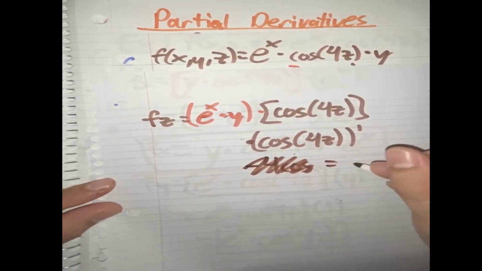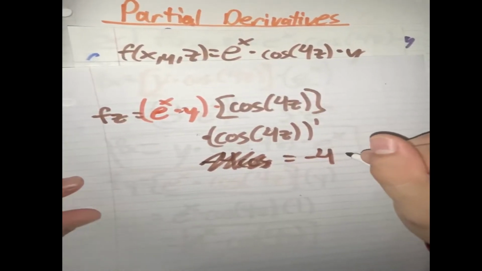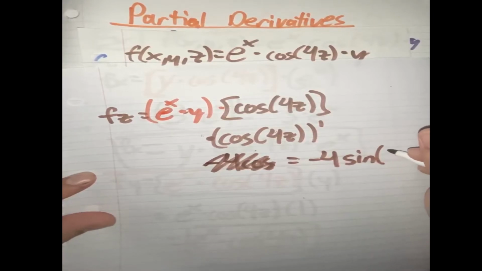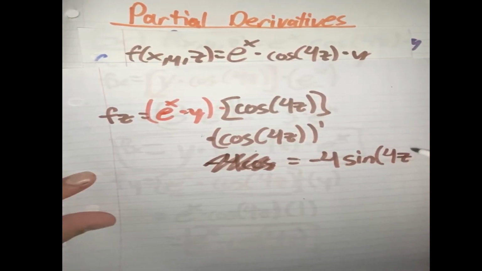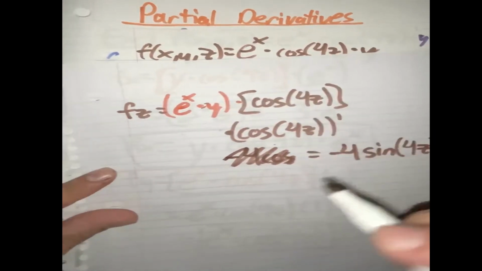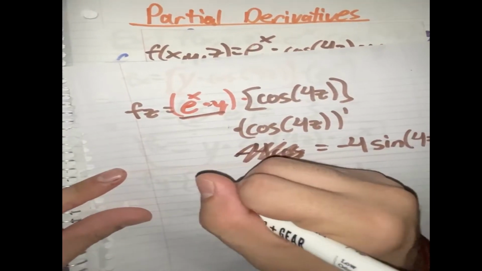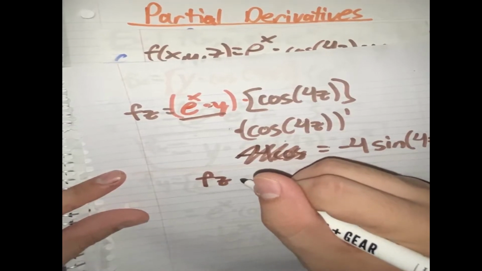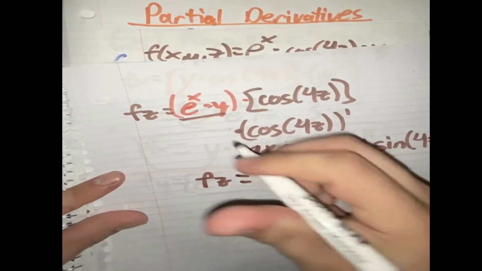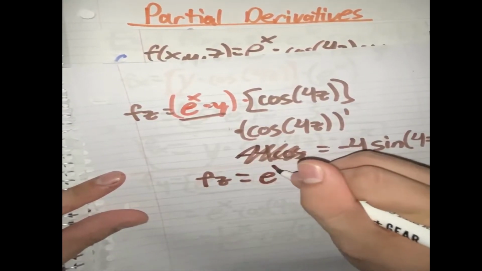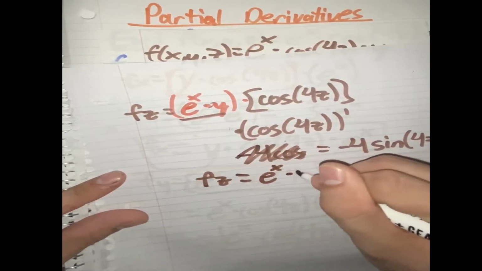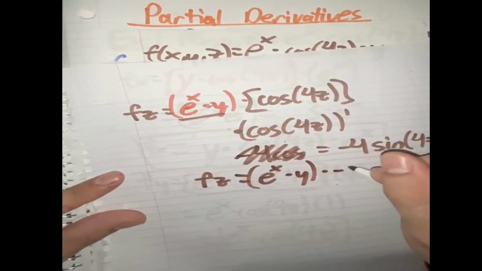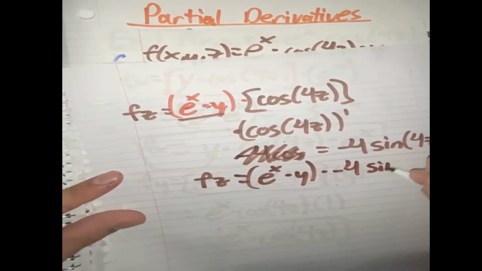Negative 4 sine of 4z. But we're multiplying it by a constant. So the partial with respect to z is the constant, which is this term, times the derivative with respect to z, which we got to be this term.